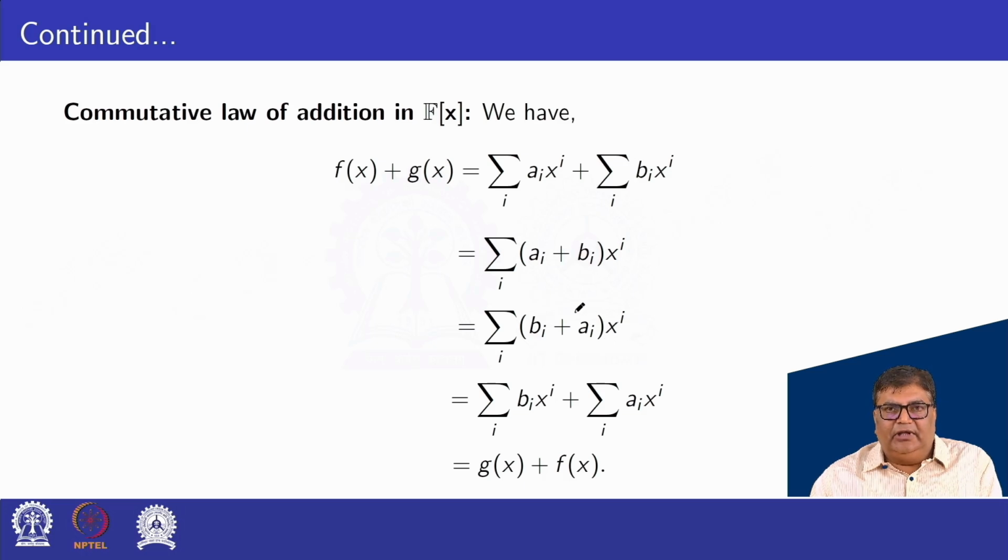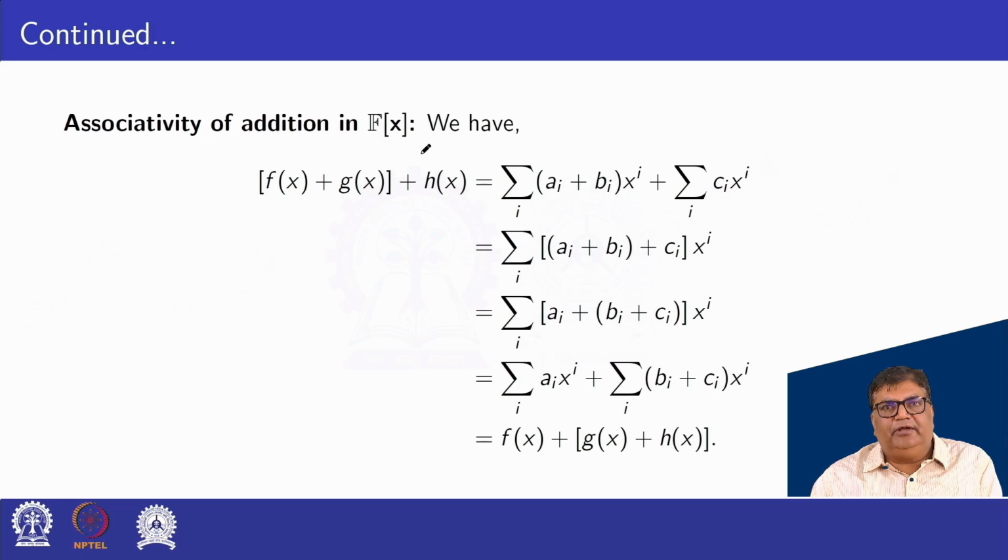Again we can write the summation of b_i x^i plus the summation of a_i x^i, that is g(x) + f(x). Hence f(x) + g(x) equals g(x) + f(x). That is, the commutative law holds.